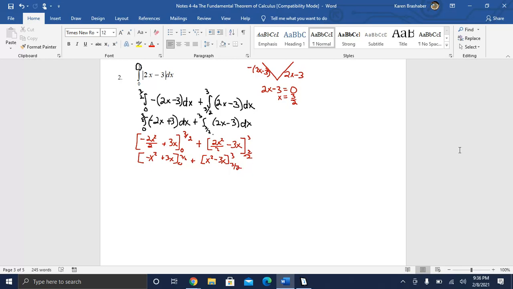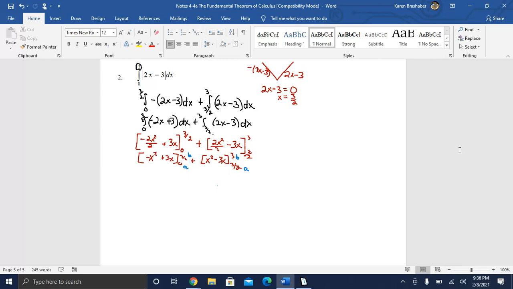So now you're going to apply the fundamental theorem of calculus by plugging in your numbers. Remember that it's f of b minus f of a, and we'll have to do this twice.